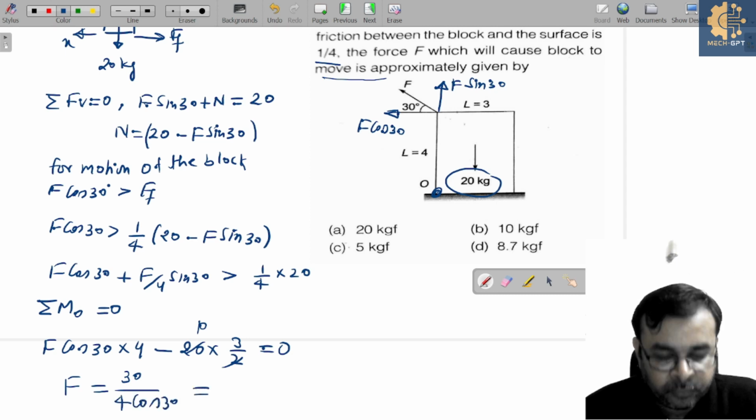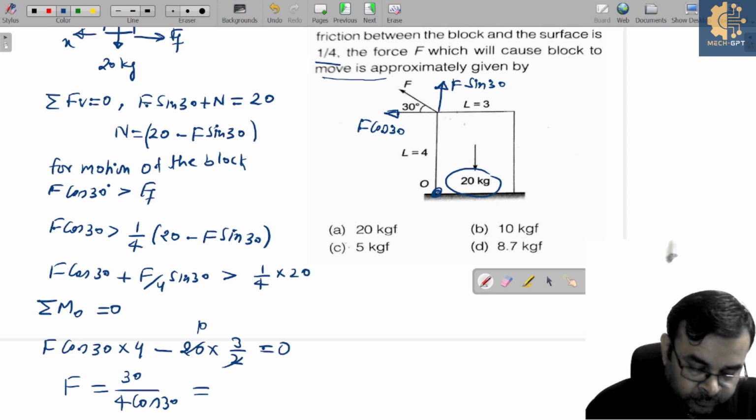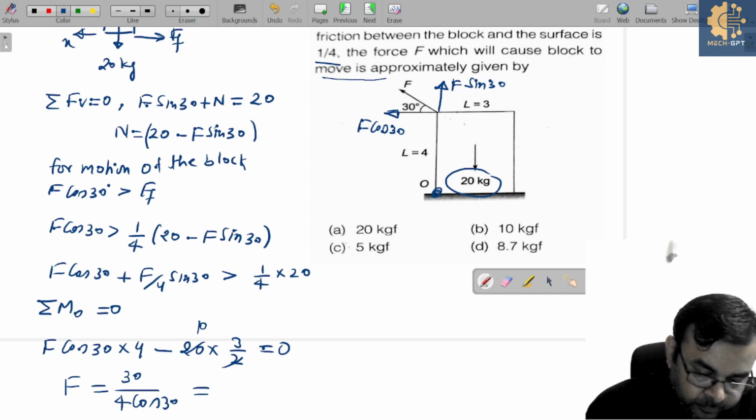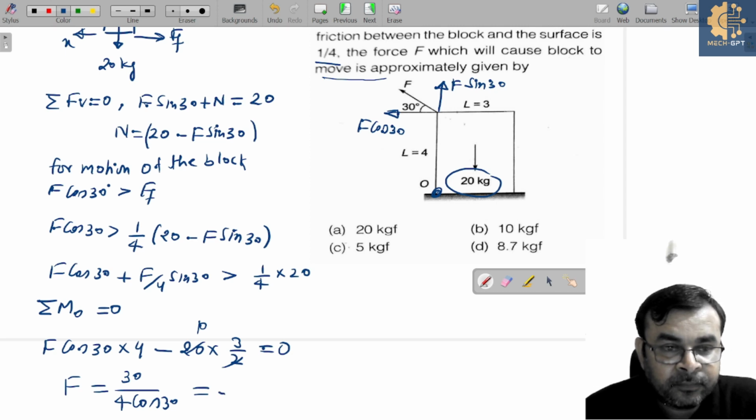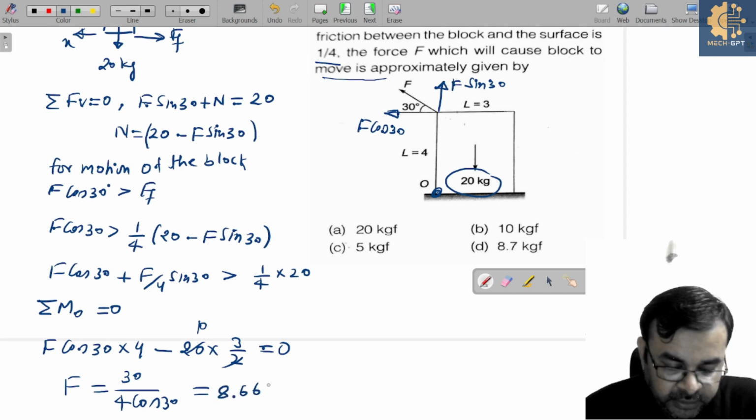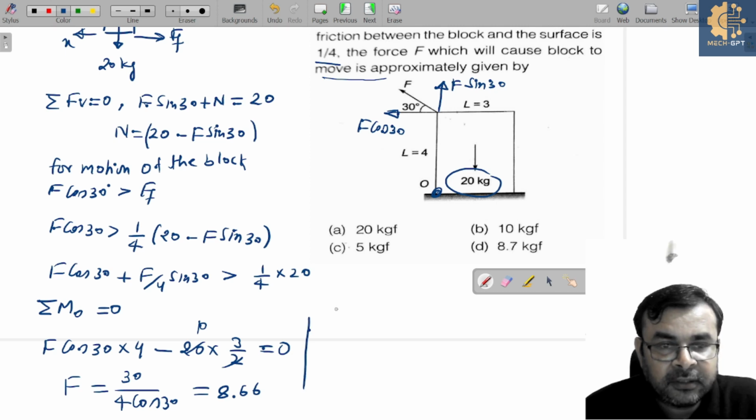Yes or no? 30 over 4 cos 30. So simply here we can get 8.66. Correct?